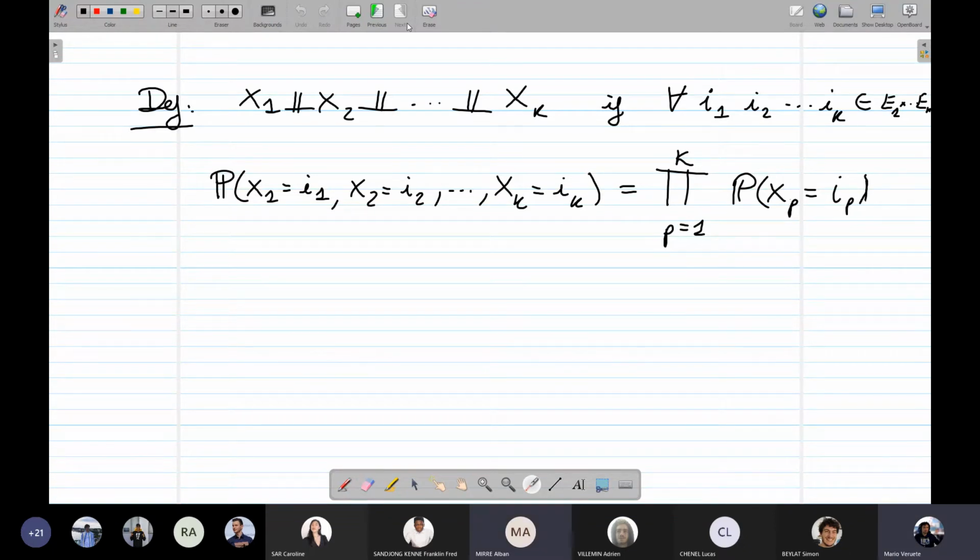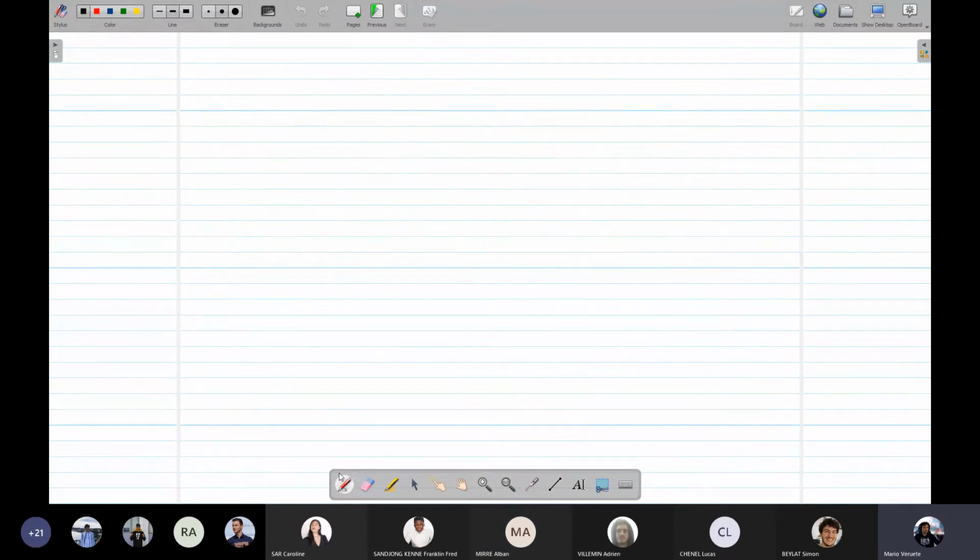Wow, an infinite number of random variables. Because here I have k random variables, a fixed number. The next generalization is an infinite number of them. This is very important because a sequence of random variables is something called a stochastic process.